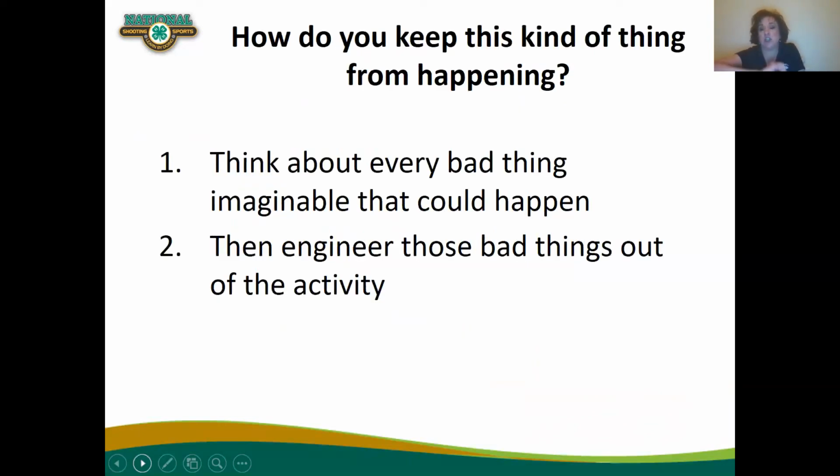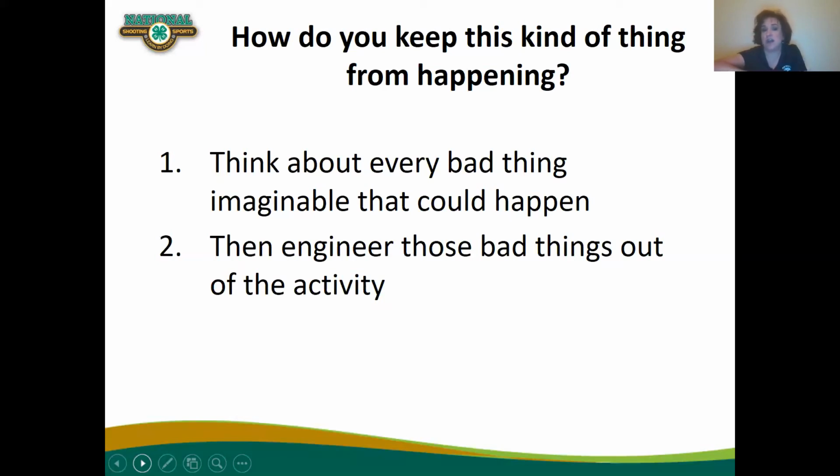So we all need to learn from this experience and ask ourselves, how do we keep something like this from ever happening again? Step 1, think about every bad thing, even unimaginable, wild and weird things that could possibly happen in the way that you're conducting that activity or event.